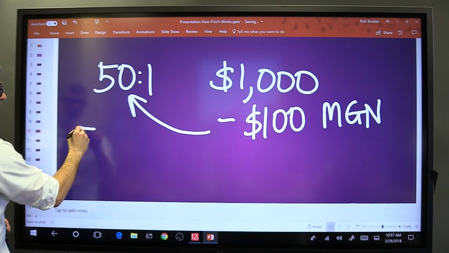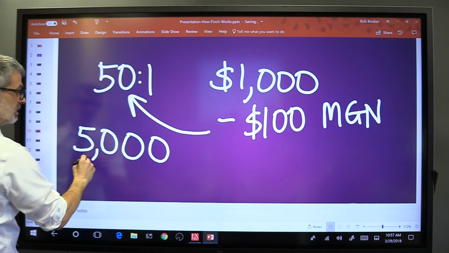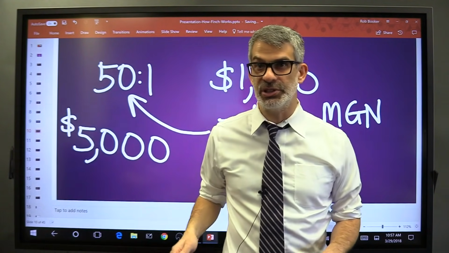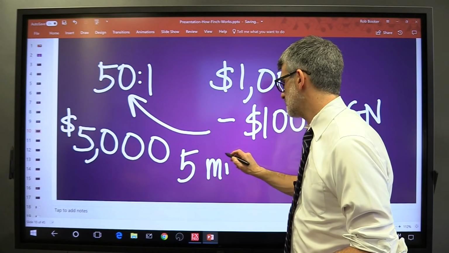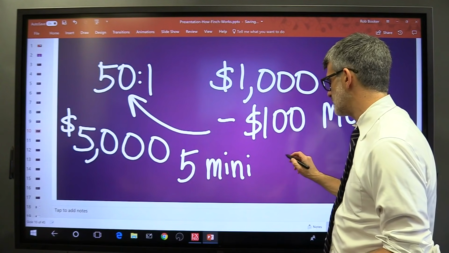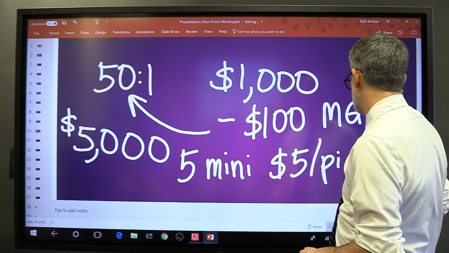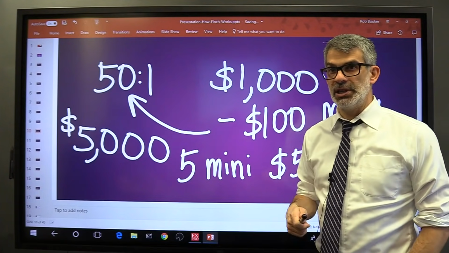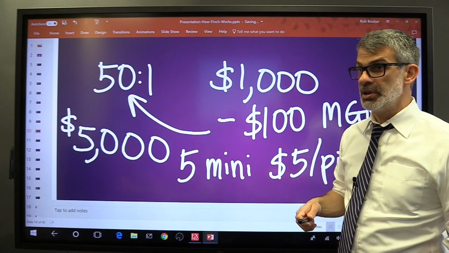All right, so a 5,000. Your dealer is willing to let you control a 5,000 unit position, which is 5 mini lots. If you watch that video on pip values and trade sizes, that's 5 mini lots, or $5 per pip. So in a $1,000 account, if you made 10 pips, you'd make $50 on a $1,000 account.